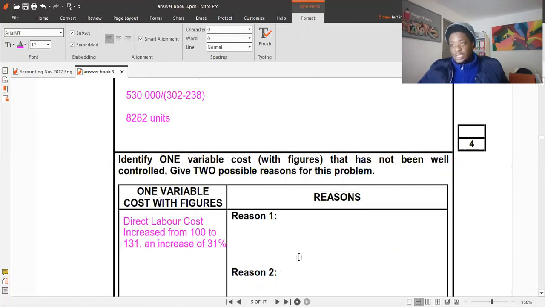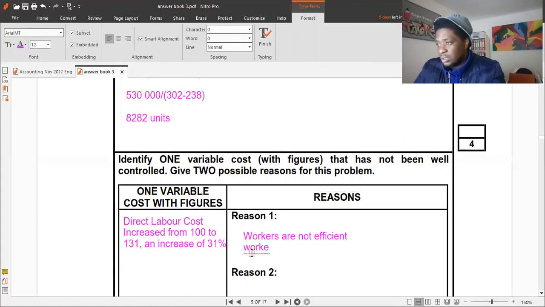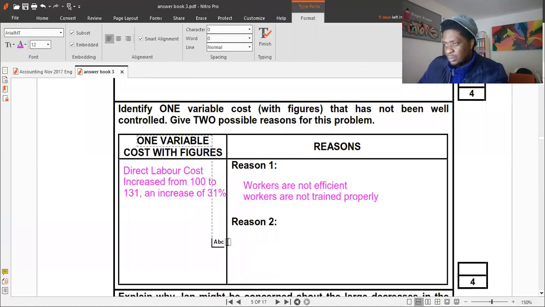The reason for this could be many reasons. The ones that I thought of are that maybe workers are not efficient, or maybe workers are not trained properly. The other reason that I would think of was that maybe there's excessive overtime.